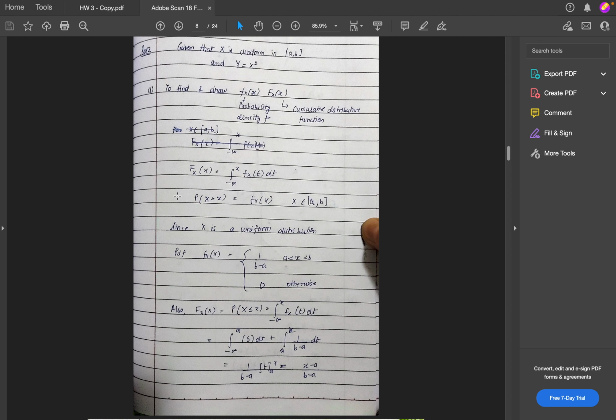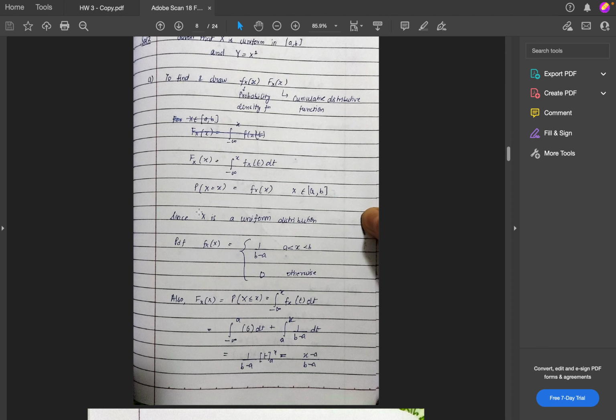Since we are given that x is a uniform distribution, we can say that the PDF will be, for the interval a to b, 1 upon b minus a, and it will be 0 in other cases.